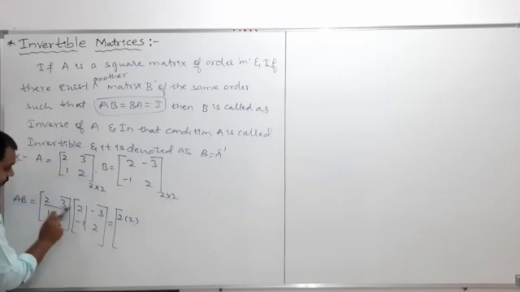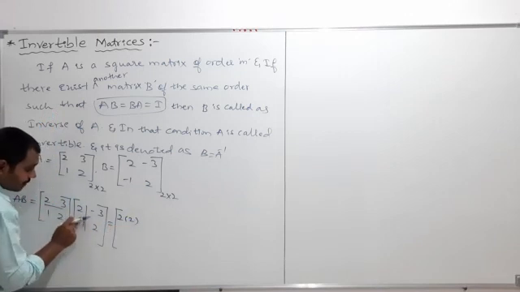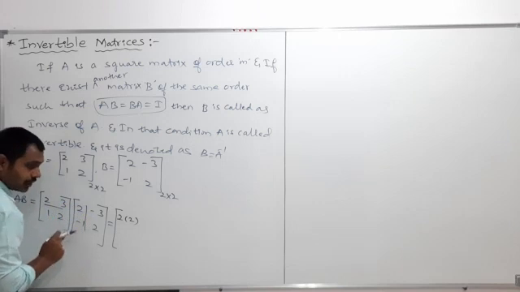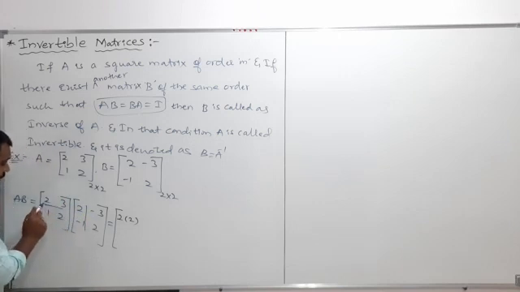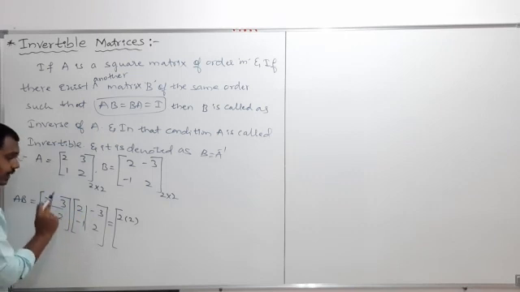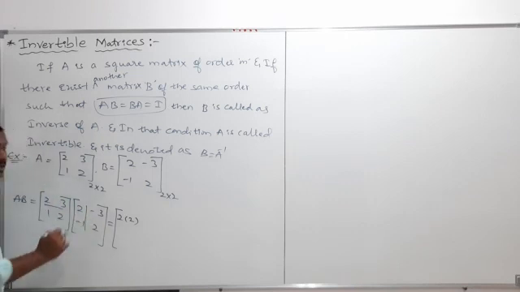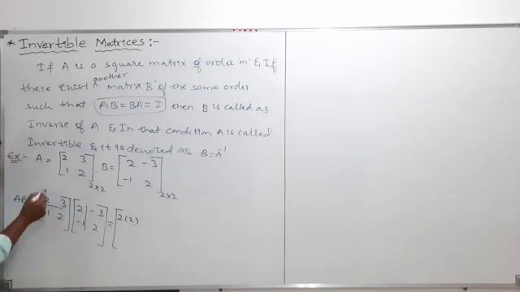Always I told that whenever you are applying the multiplication operation, the number of columns in the first matrix must be equal to the number of rows in the second matrix. Here how many columns are there? 1, 2. Here how many rows are there? 1, 2.